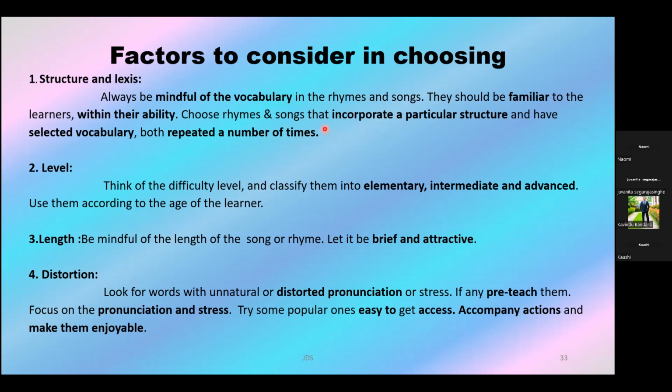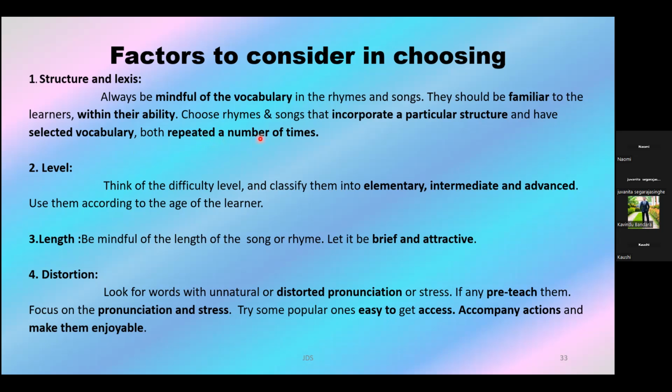So overall, at least 60% of the vocabulary present in the song should be within the parameters of the learner's vocabulary. Choose rhymes and songs that incorporate a particular structure and have selected vocabulary. So the topic related words should definitely be taken into account.